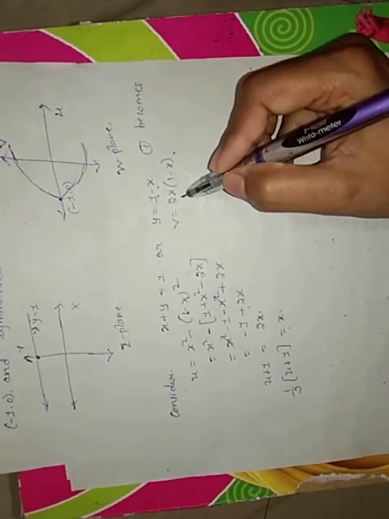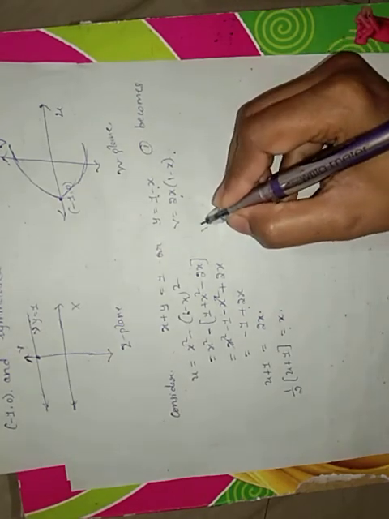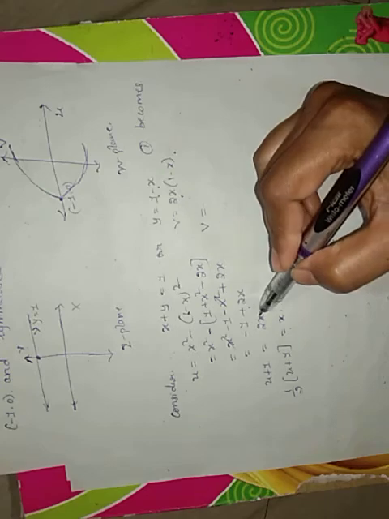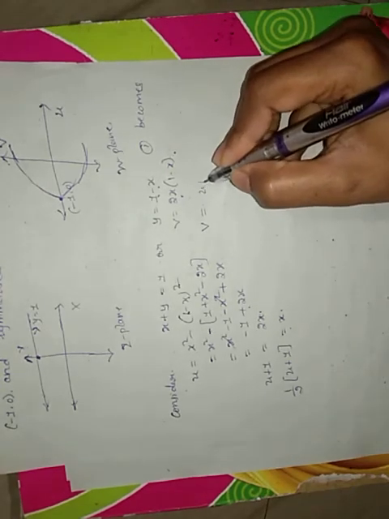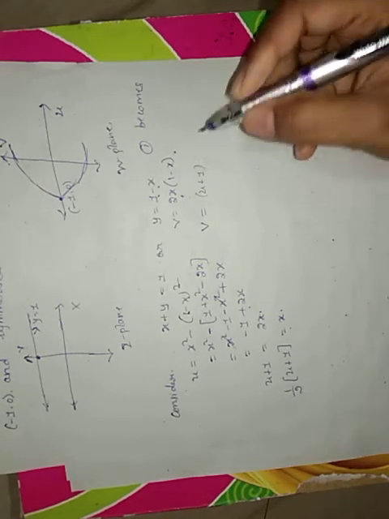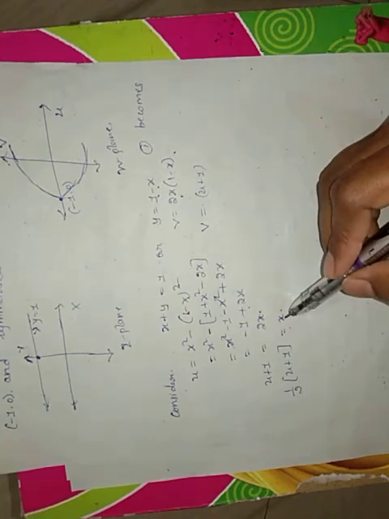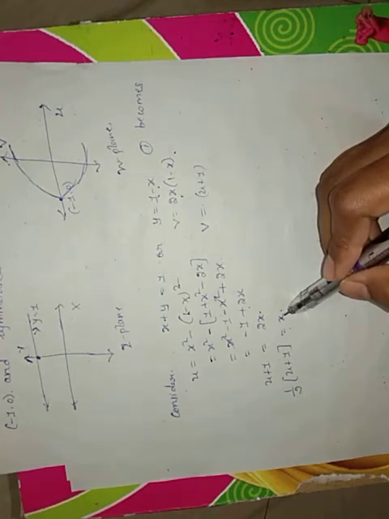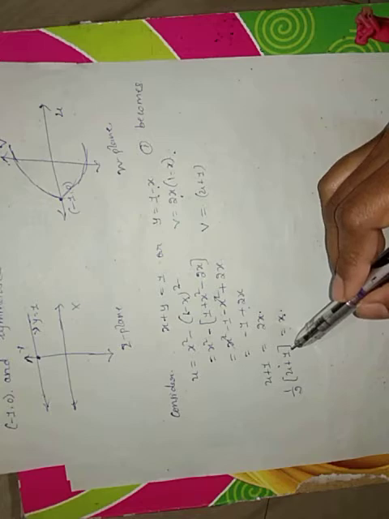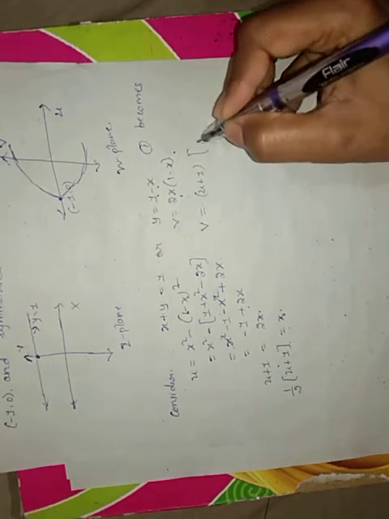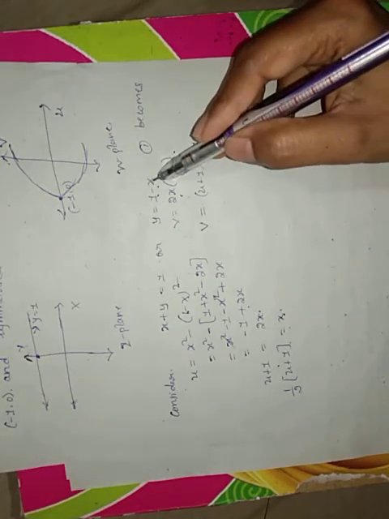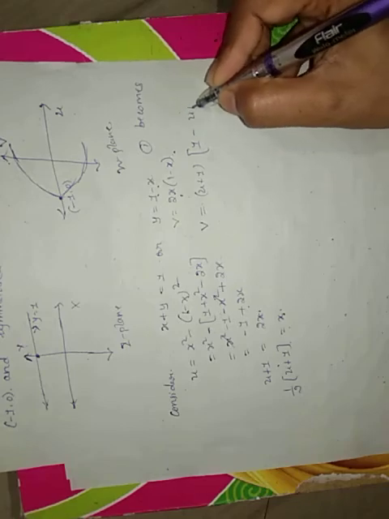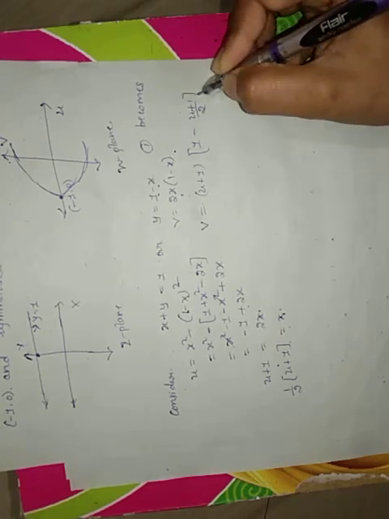Now I am taking these substitutions here. v is equal to 2x, which is equal to u plus 1, and x is equal to 1 by 2 into (u plus 1). So 1 minus x is equal to (u plus 1) divided by 2.